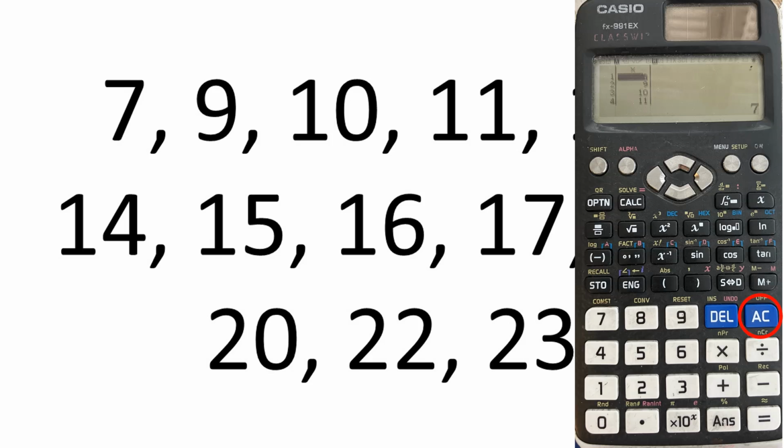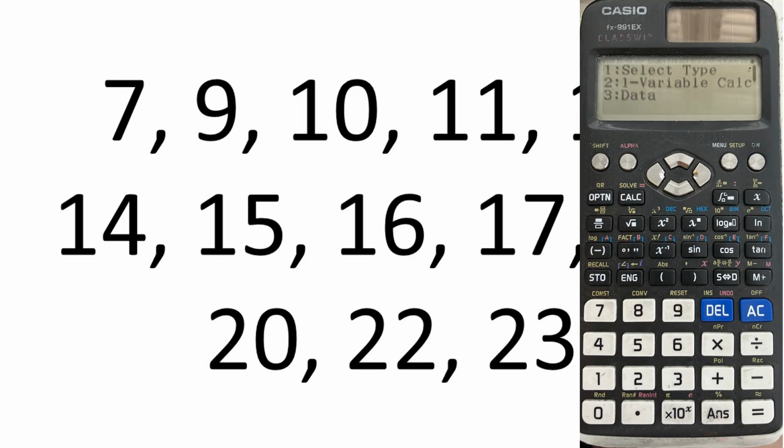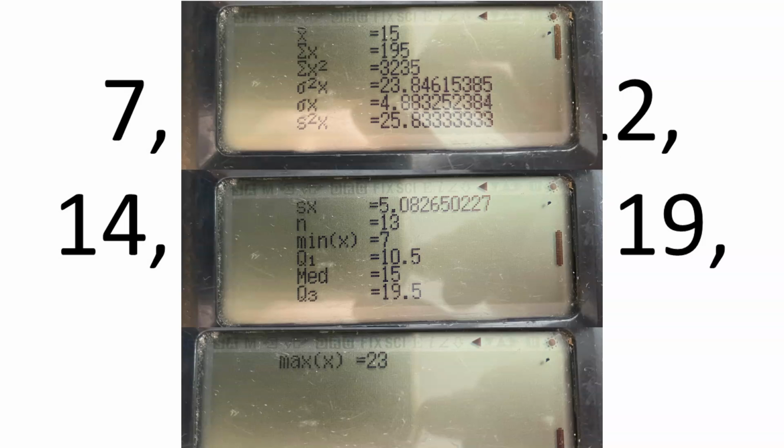Then press AC to clear the screen, and then press this options button here to get this screen, and then press 2 for the one variable calculator, and this comes up, and this is a list of measurements for your data, okay? So starting from the top, one is the mean, the second one is the sum of all your data points, the third one is the sum of all your data points squared, the fourth one is variance, the fifth one is standard deviation.